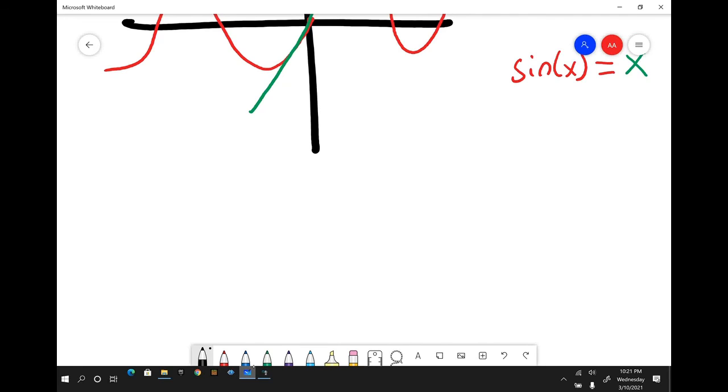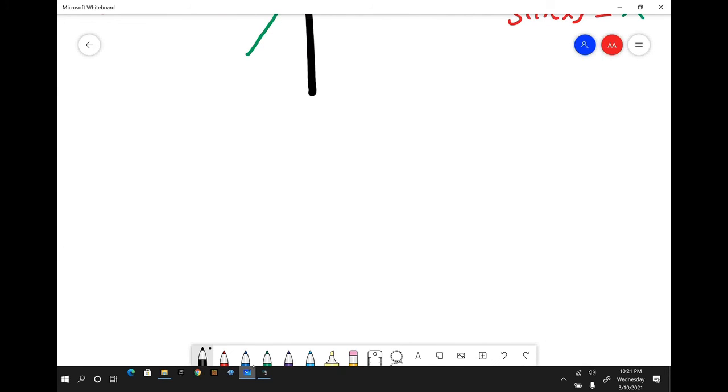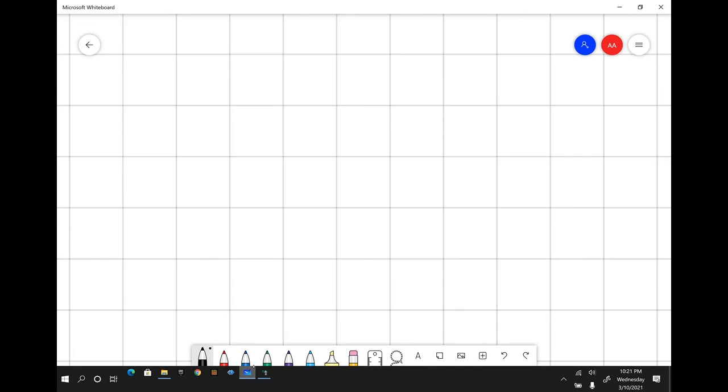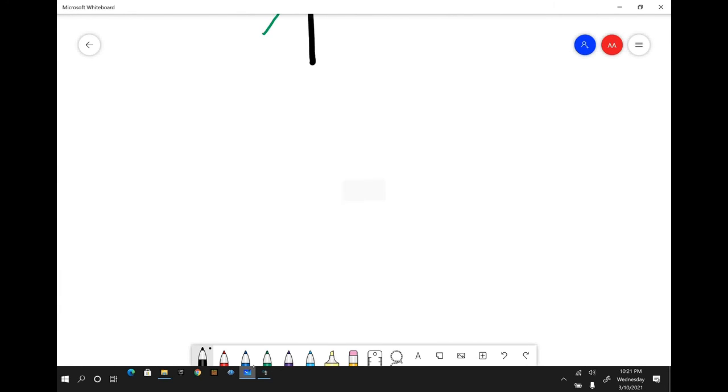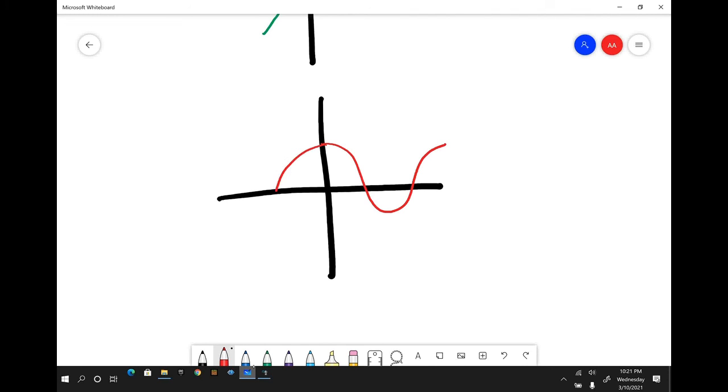And if we were to do the same thing for our cosine of x graph, we'll have something looking like this.